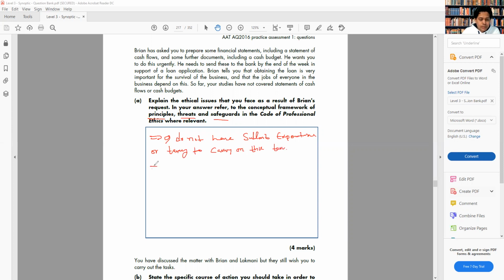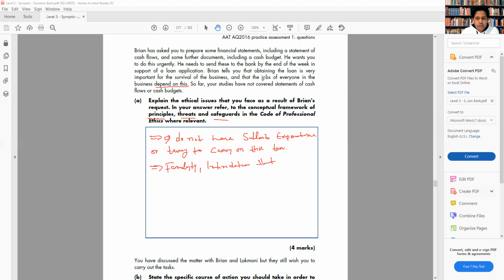Number two, the threats you are facing here. The first one is familiarity threat, because you are very close to them. They know you very well, and that's why they are making this request. Then intimidation threat. Intimidation threat is when someone pressures you, so they are saying if we don't get this loan, maybe everyone's job will be gone because it depends on that.